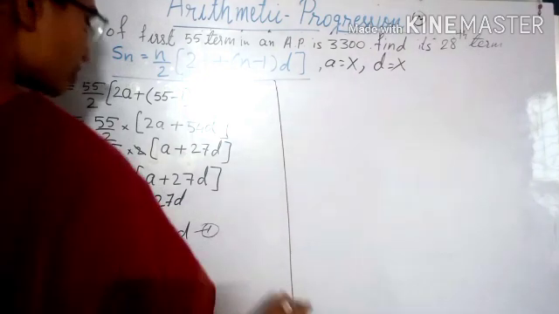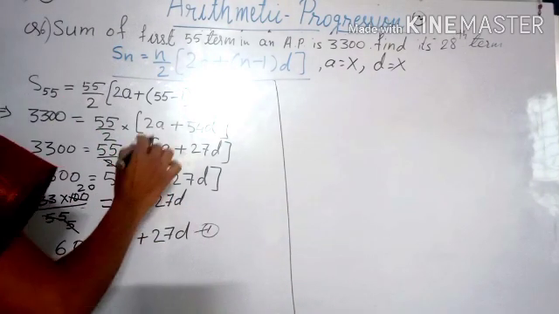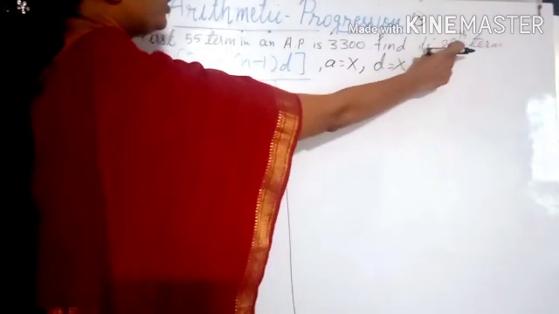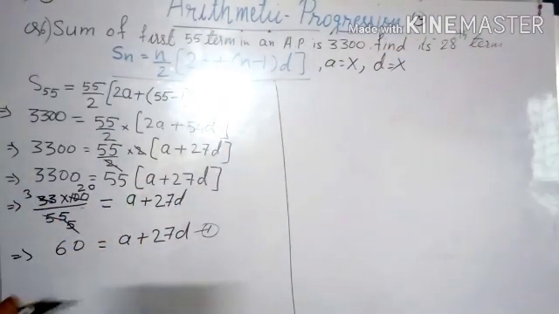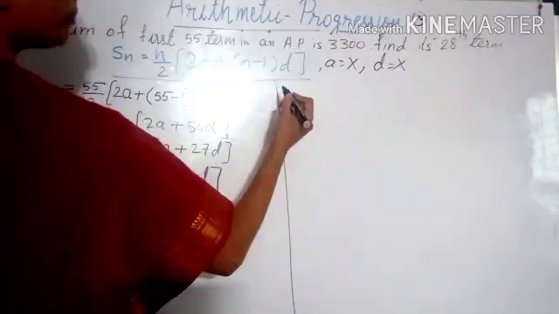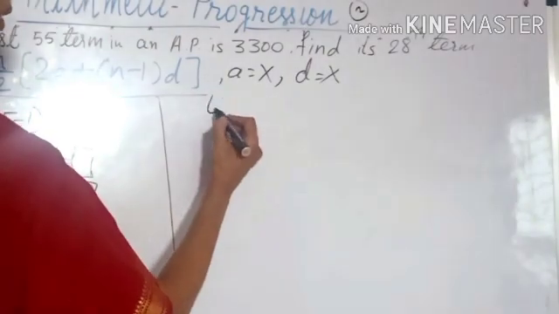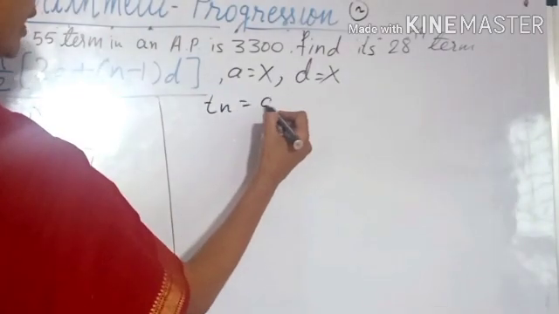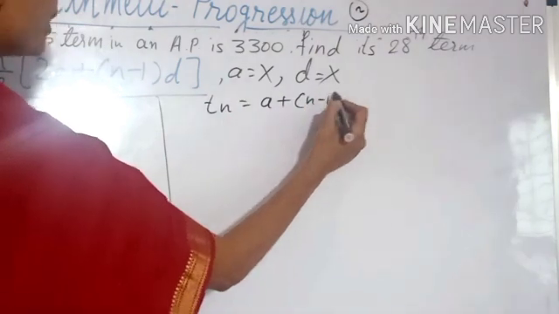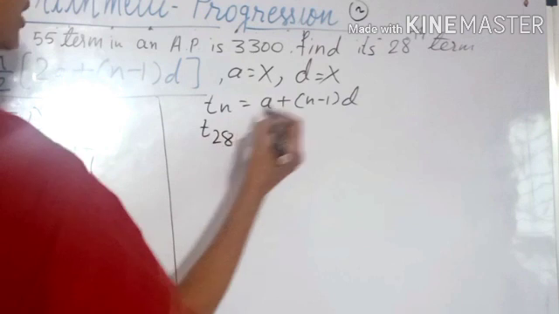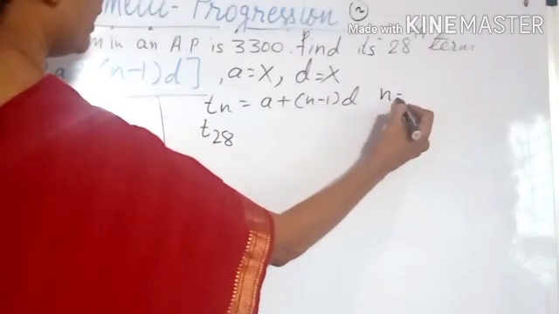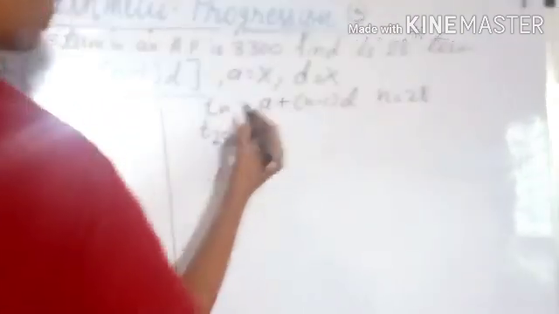Now observe carefully the next part. What we have to find out? Term T28. Okay, now use the formula straight away. Use the formula Tn is equal to a plus (n minus 1)d. Now T28, in this case we know that n is equal to 28.